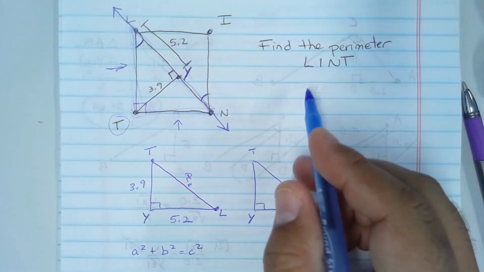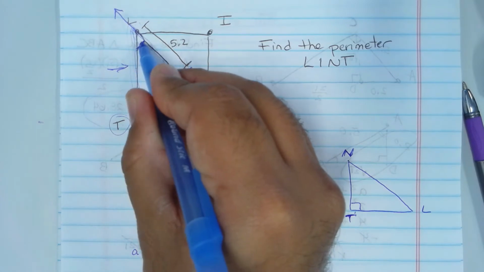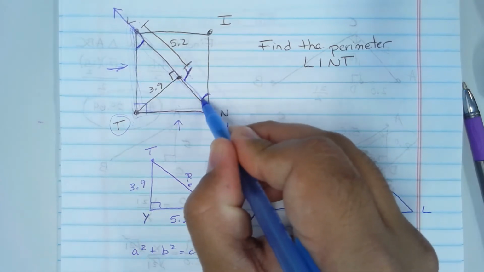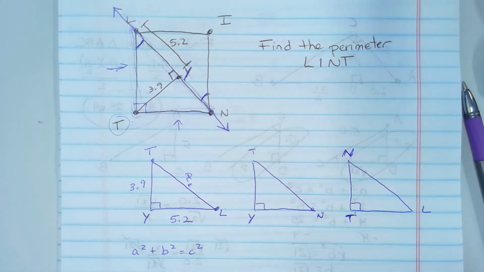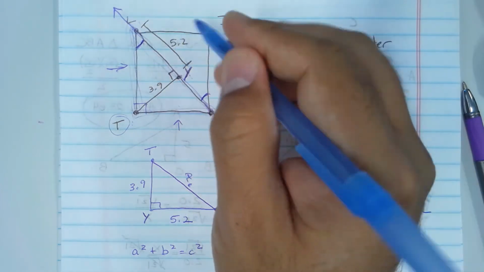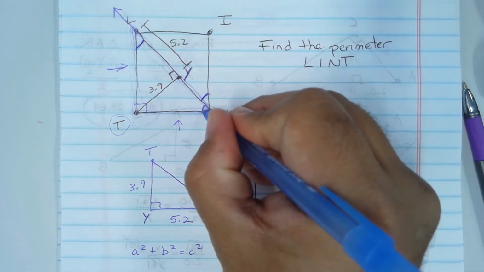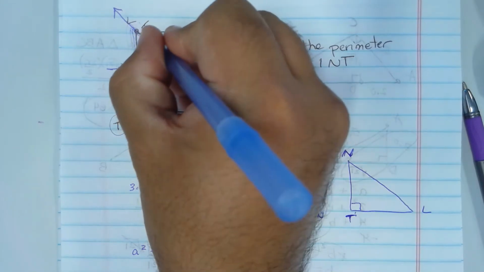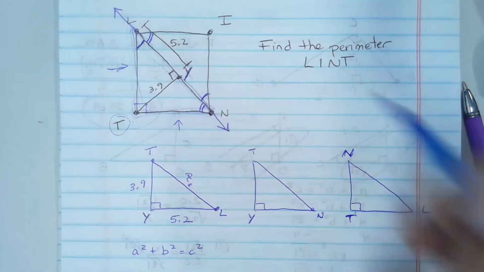We know that this angle here will be the same as this angle over here. Why? They're alternate interior angles, right? We have 2 parallel lines crossed by a transversal. And we know that this angle here will be the same as this angle here.